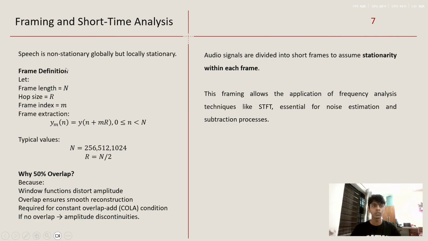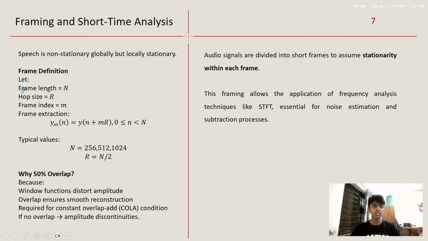So for this, we perform framing. Framing is the process of dividing long speech into short, overlapping segments. These segments are known as frames. We have to perform this because STFT works on stationary signals only.